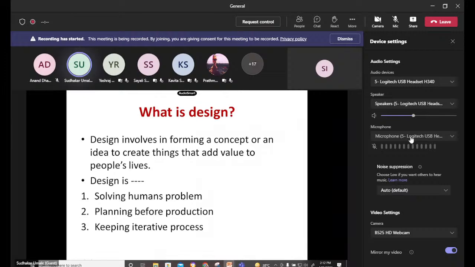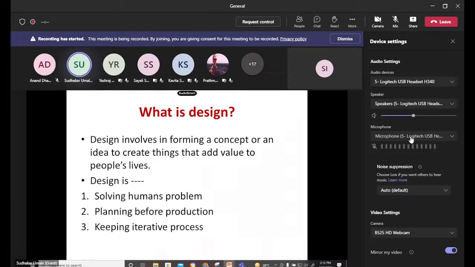Second is ergonomics. You have heard about ergonomics. So ergonomics is the second factor which is required for product and process design. Quality of the product or quality of the process is very important. Then security.